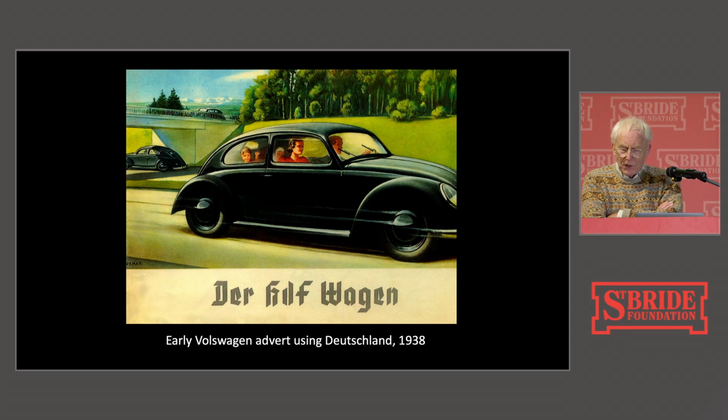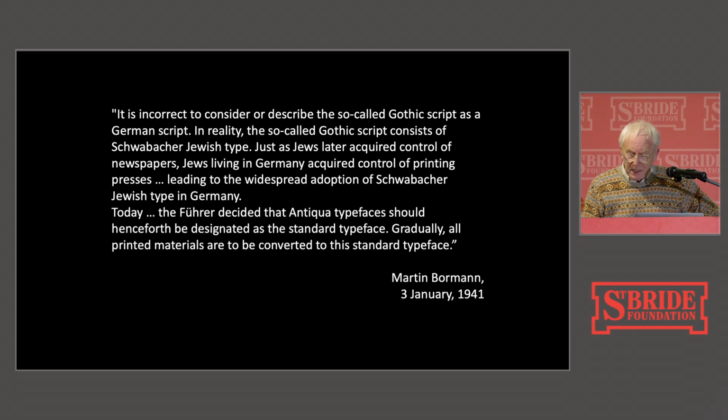Now, it's therefore rather odd to find in 1941, on the 3rd of January, a sudden announcement by Martin Bormann forbidding Fraktur, as he wrote, as Schwabacher Judenlettern. "It's incorrect to consider or describe the so-called Gothic script as a German script. In reality, the so-called Gothic script consists of Schwabacher Jewish type.